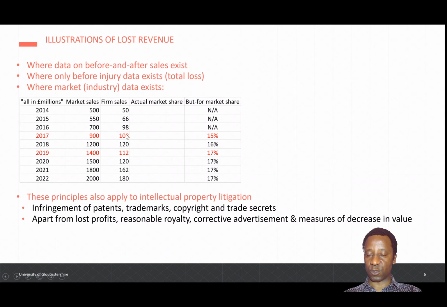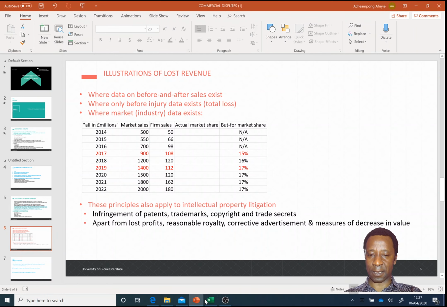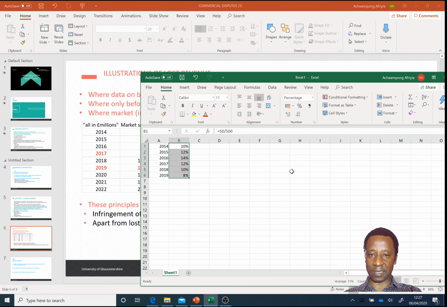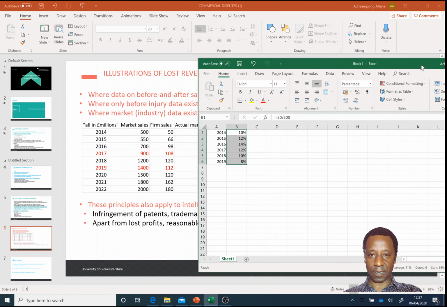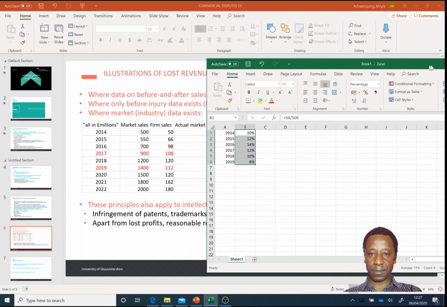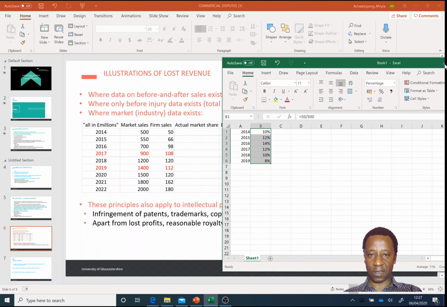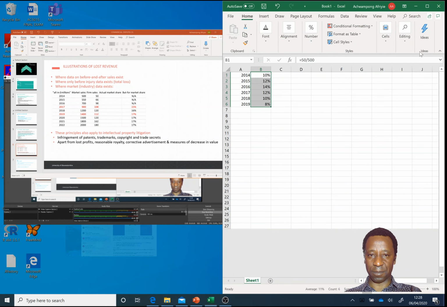Okay. So what we're trying to do here is think about how to estimate the lost revenue. What do you think? What can we do? We can calculate, if you can see here, the market share. I think I've got some data here. So what I've done is I've just calculated the market share of the firm.